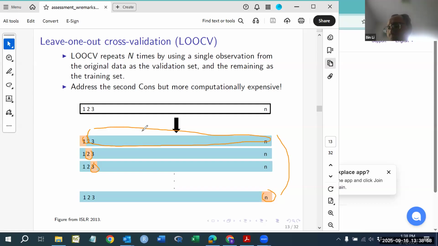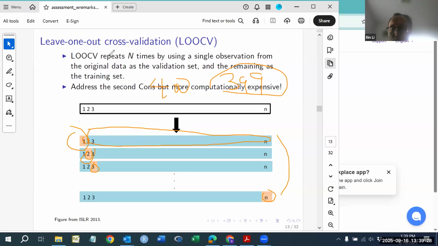We used as many as we can. If we have 400 observations, we use 399 observations. So that model will be no big difference from using the full data, right? So we can reduce that bias. And also for the validation error, each observation has been left out once and only once.